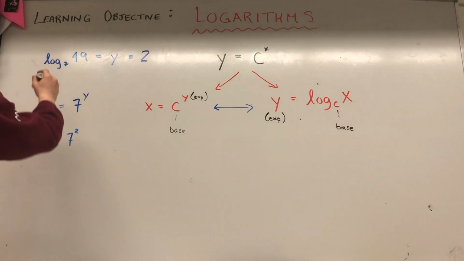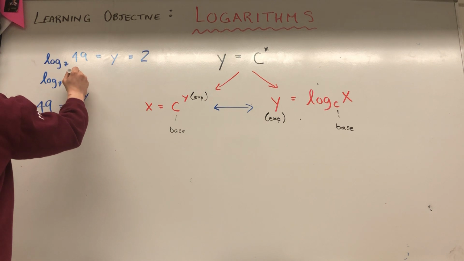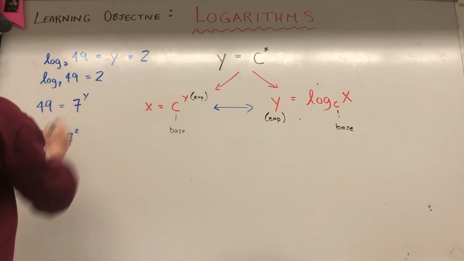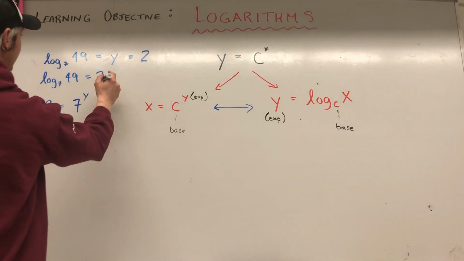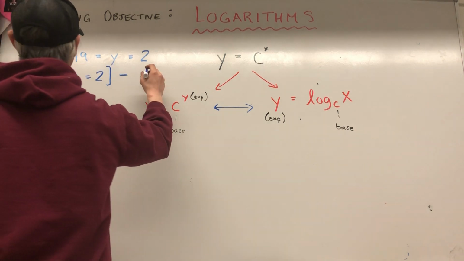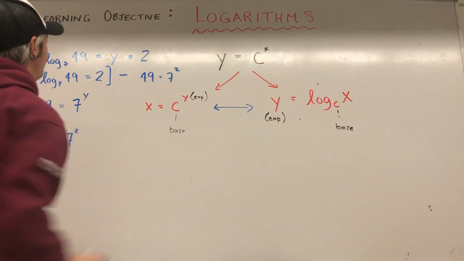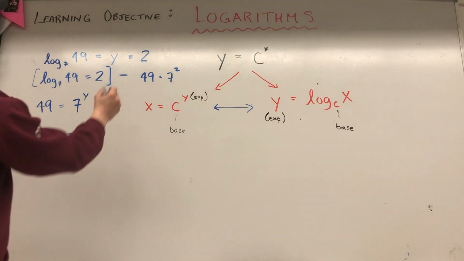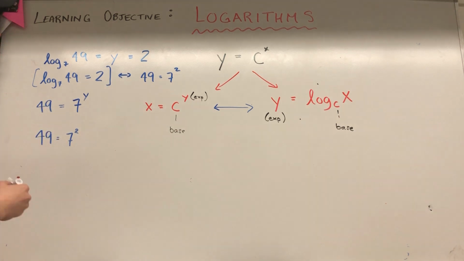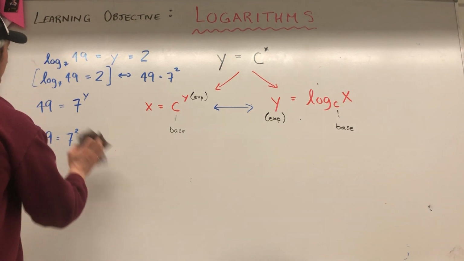So I could write this in logarithmic form as log base 7 of 49 is equal to 2, and I could write this in exponential form as 49 is equal to 7 squared. Okay, these are one and the same. Don't overthink it, it's quite straightforward. Let's do another example though.